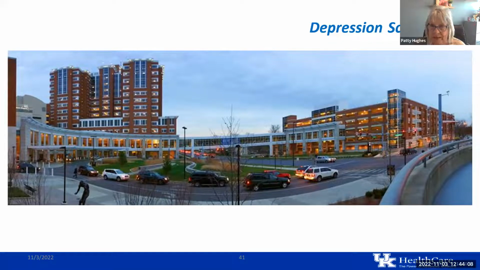Well, while we're getting that next slide, I'll go ahead and talk. So depression screening is a quality measure that both CMS and Medicaid directed payments hold healthcare systems accountable for.